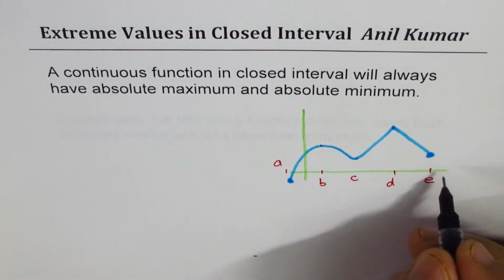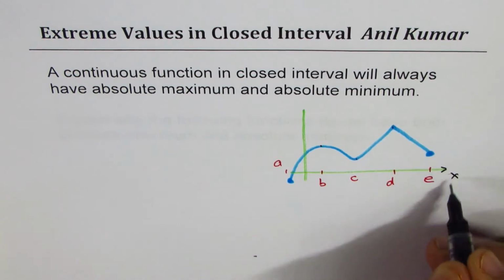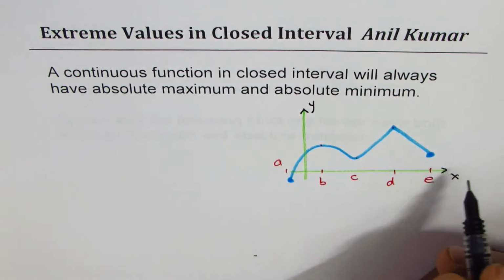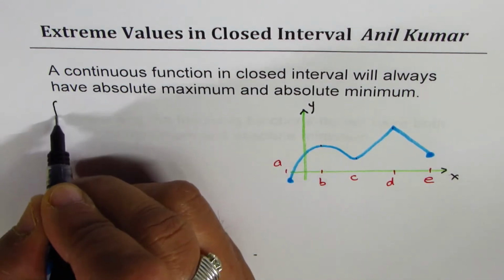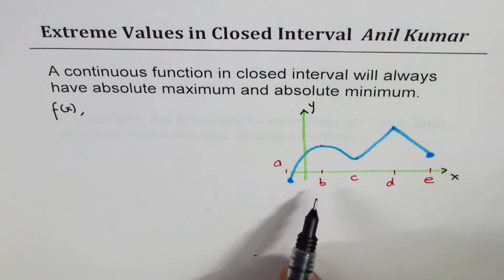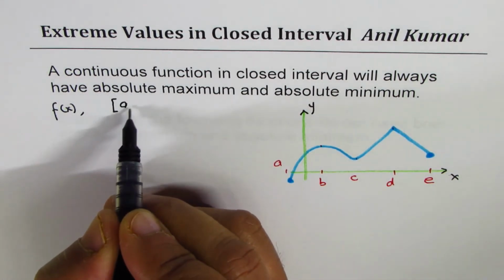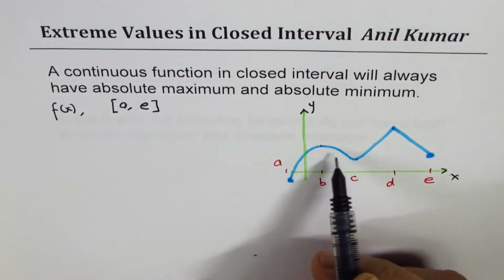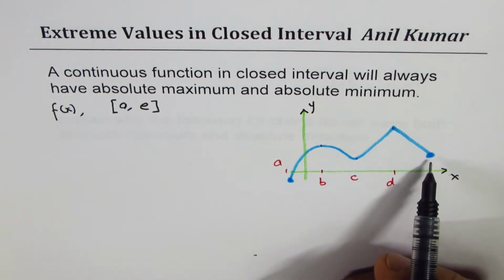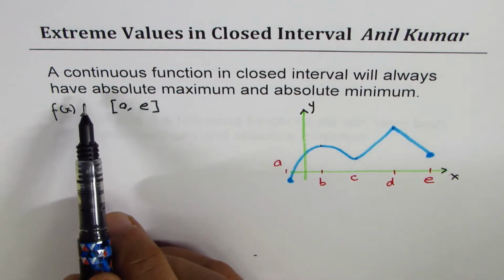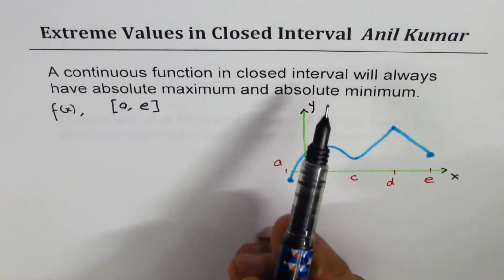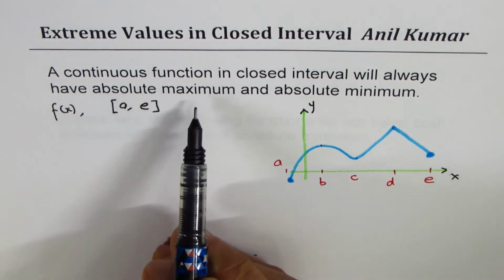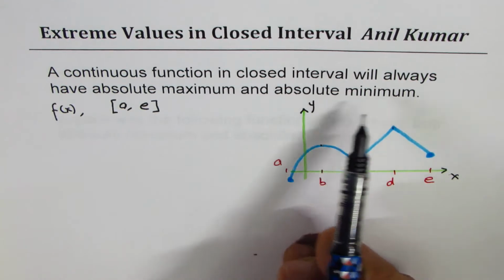So what we observe here is that we have a function which is continuous in a closed interval. So we'll say f of x is a function and the closed interval is from A to E. So this is a function in the closed interval A to E. The statement is a continuous function in closed interval will always have absolute maximum and absolute minimum.